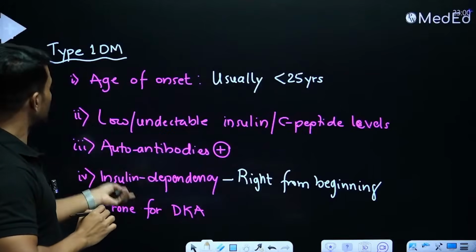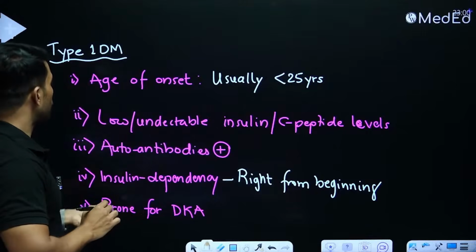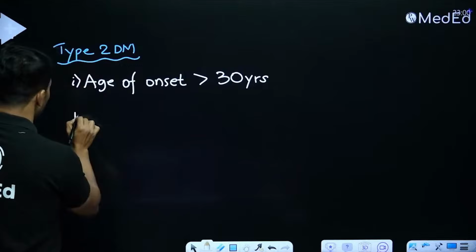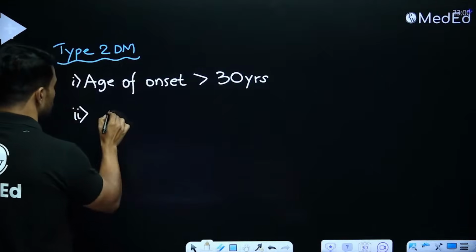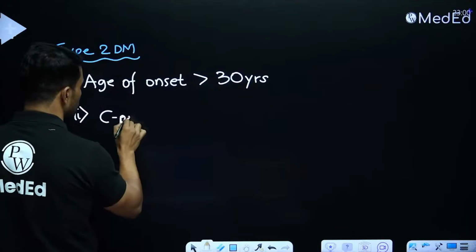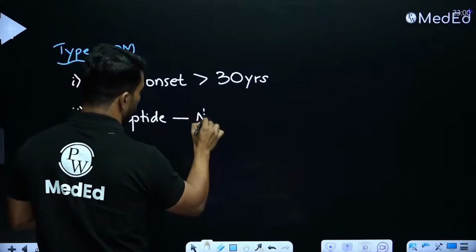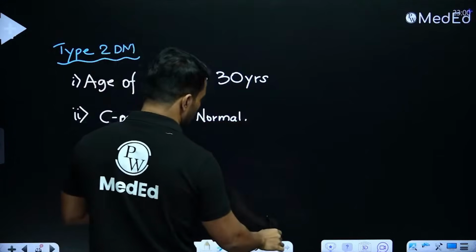Okay. Second, if I do the C-peptide levels, it was undetectable or low in type 1. Now here, because there is no insulin production defect, there is no insulin deficiency. So if I do the C-peptide levels or insulin levels, they will either be normal or they can be high. Why will they be high?